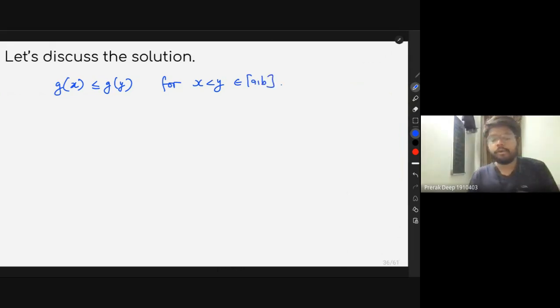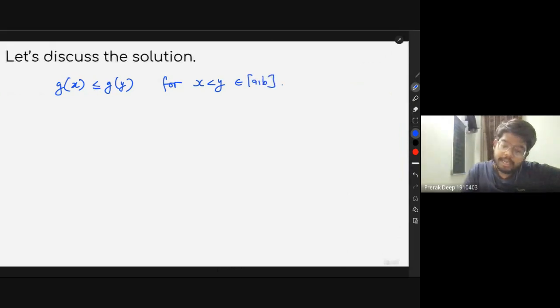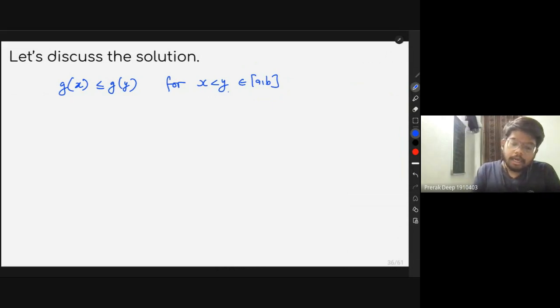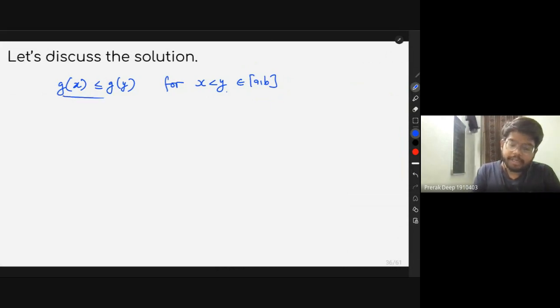We say a function is monotonically increasing on the closed interval [a, b] if you take any two points in increasing order, say x and y, where y is greater than x, then the corresponding function values satisfy g(y) is either equal to or greater than g(x).